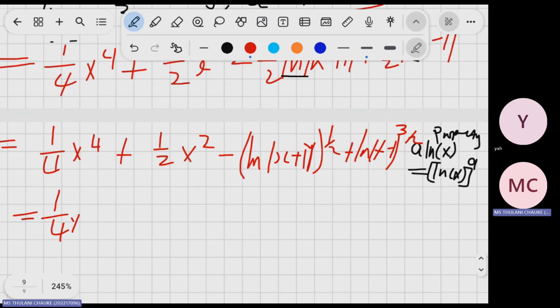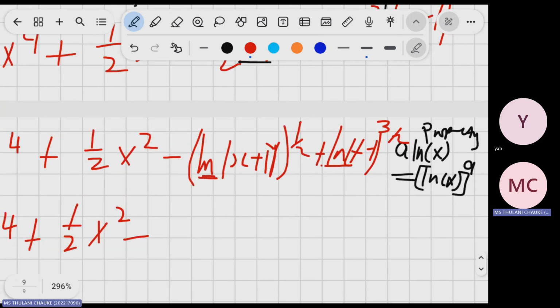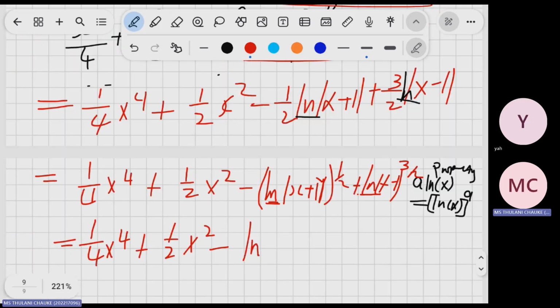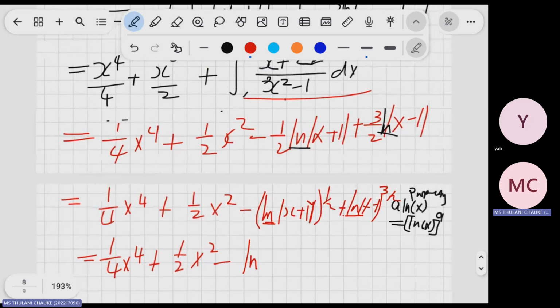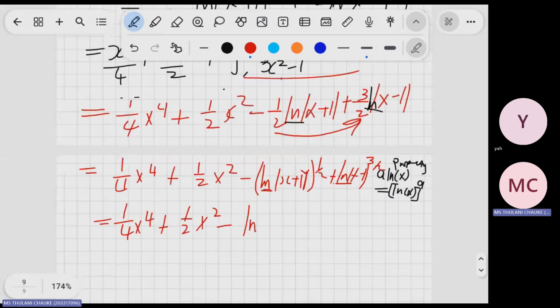And this will be 1 over 4 x⁴ plus 1 over 2 x² plus. Then if I have ln and I'm adding, right, I can simply do what? Let's interchange this, guys.